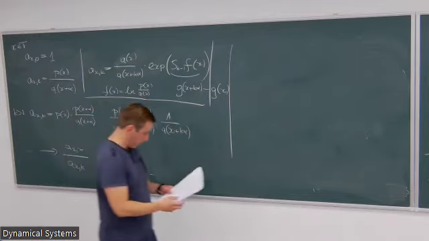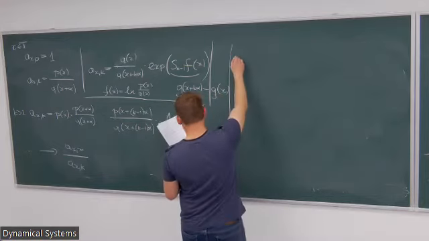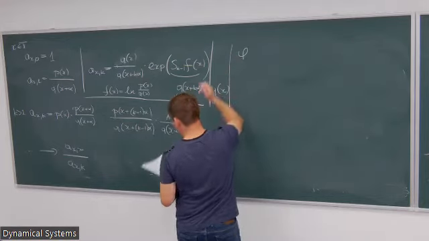How to deduce the theorem using the ratio limit theorem?